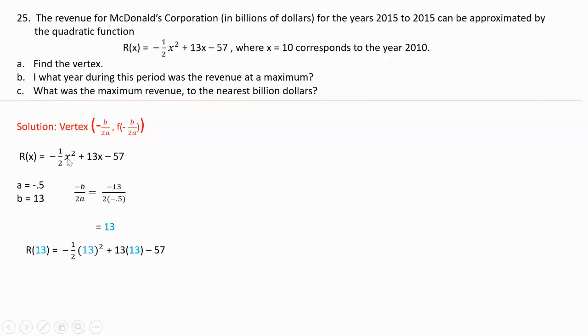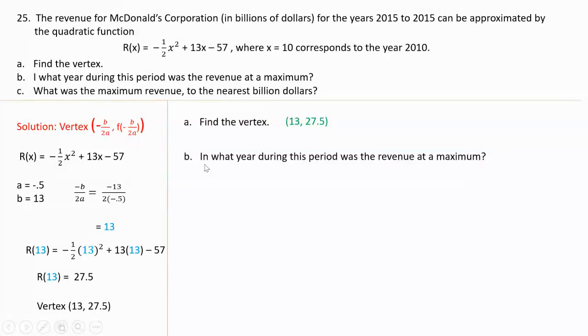So I'm going to plug in 13 for every x, the squared and the 13 times 13. If we put that in the calculator, guys, it's going to give us something like 27.5. So guess what? That's my vertex: 13, 27.5.